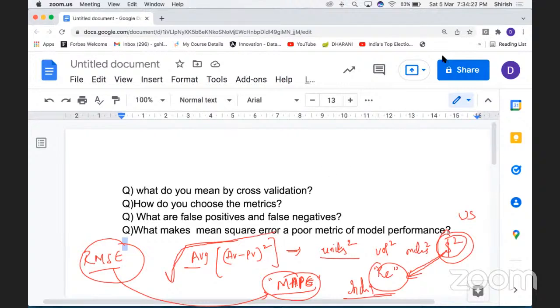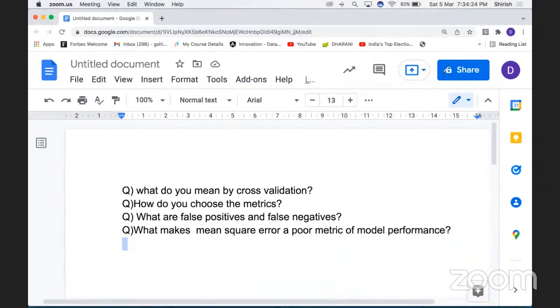So you make sure that your model is not overfitting. How will you make sure that the model is not overfitting?